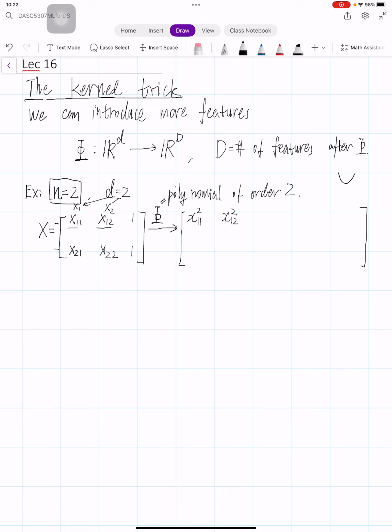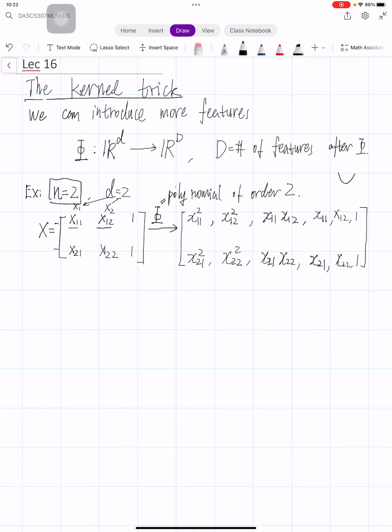We can also have the first order terms and the interaction term, for example x11 times x12, and x11, x12, and 1. Similarly for the second sample, we can do the same thing: x21 squared, x22 squared, x21 times x22, and x21, x22, and 1.